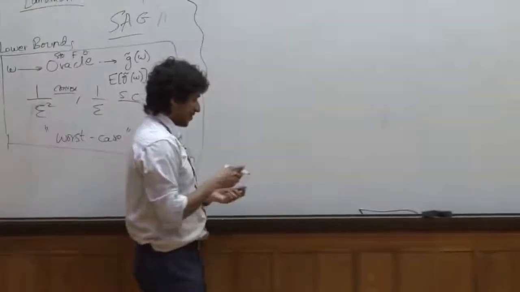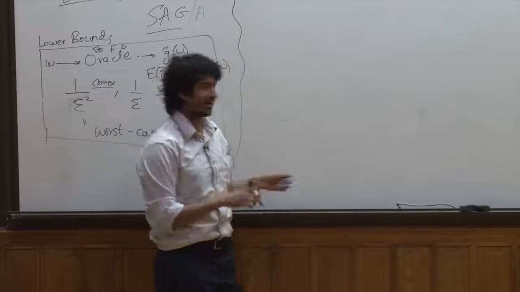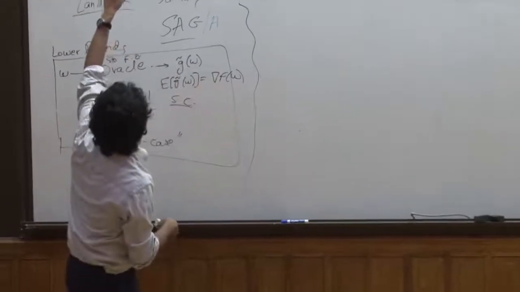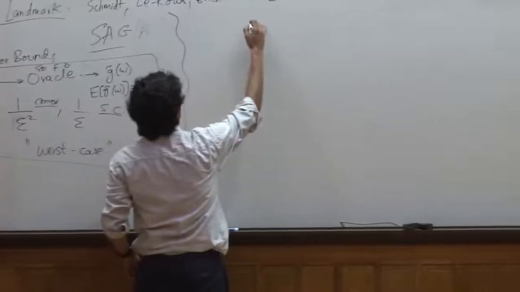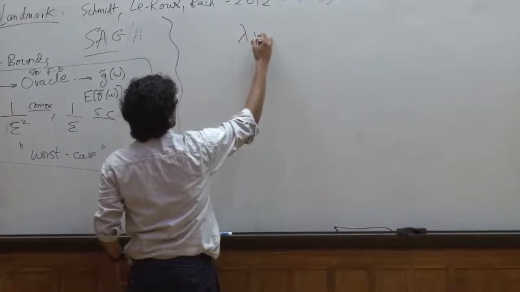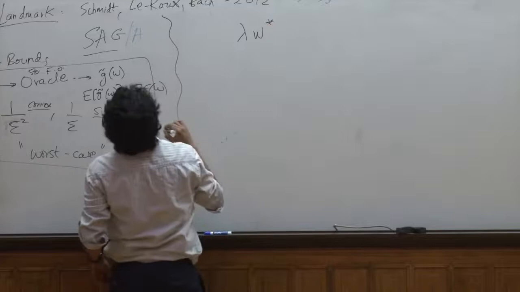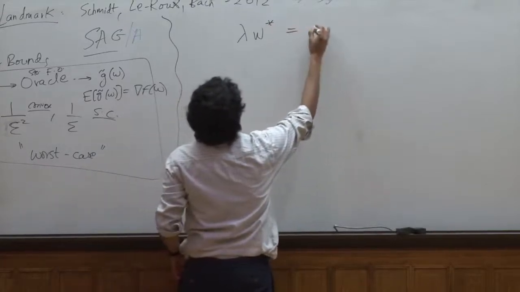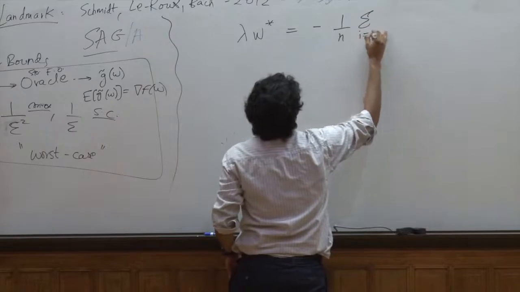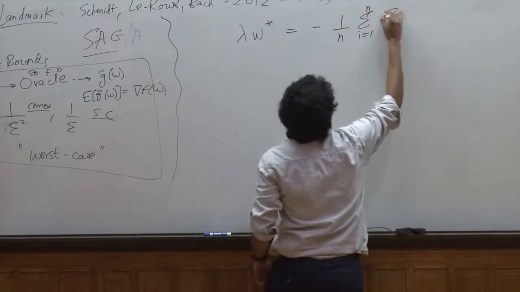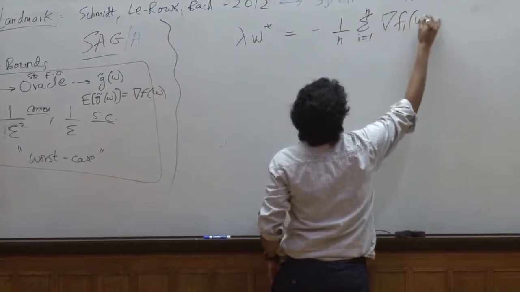That's given by just differentiating it and setting it equal to 0. So all I'm going to do up there is differentiate that and set it equal to 0. And you'll find that lambda times W star is equal to minus 1 by n, sum from i equals 1 to n, of the gradient of F_i at W star.